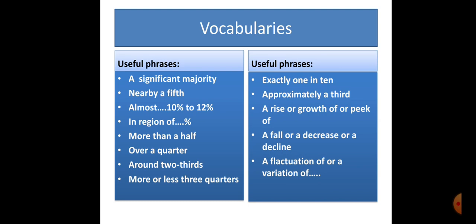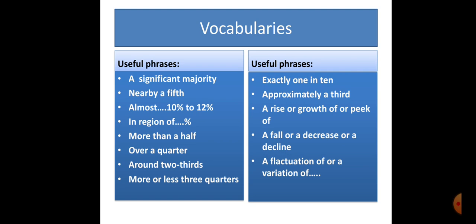Yes, you need to use some useful phrases to describe this graph chart, that is a significant or majority, nearby of it, almost 10 to 12%, these kinds of words you may use. In the region of dot dot percent, yes, you have to put some percentage according to the graph.